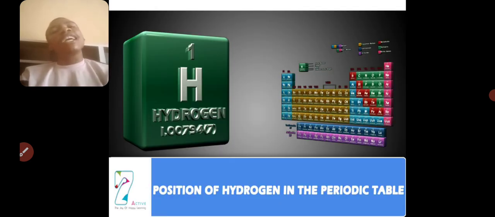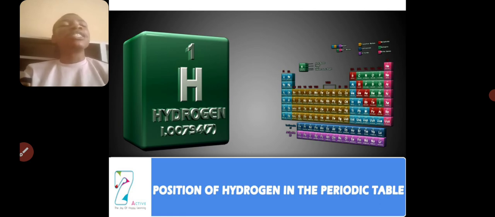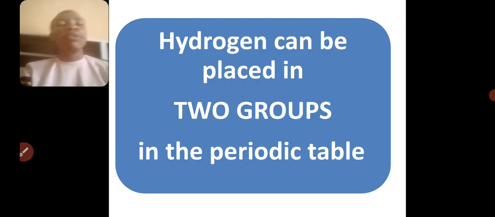Hydrogen's position in the periodic table is more than one. In the periodic table, most manufacturers just put hydrogen on top and allow it to float. However, it can be placed in two groups.